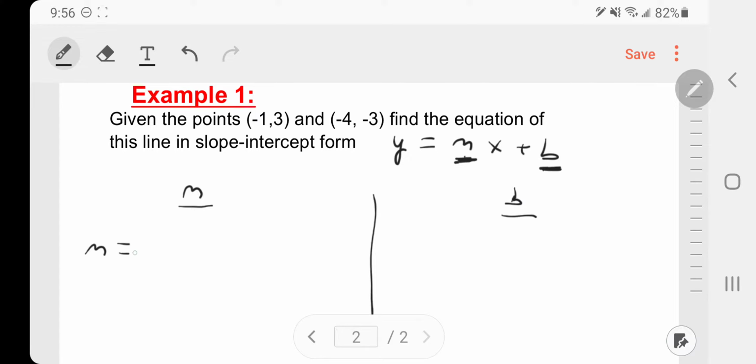So m, we know the slope formula is y2 minus y1 over x2 minus x1. Let's go ahead and label our points up here. We have x1, y1, x2, y2.